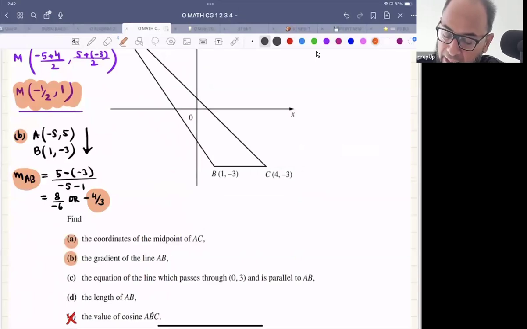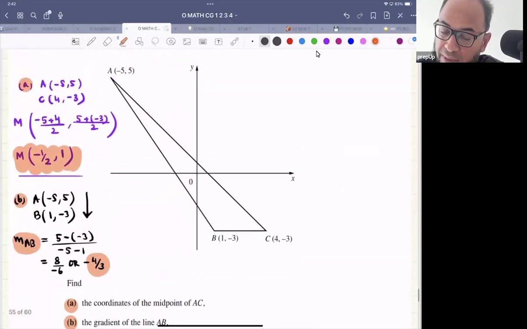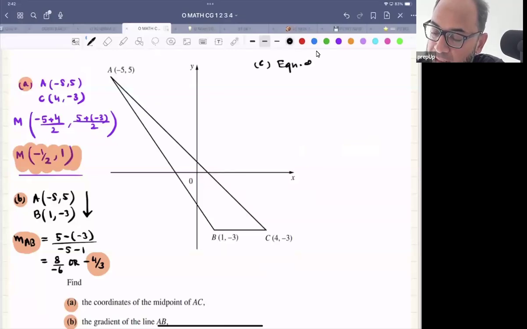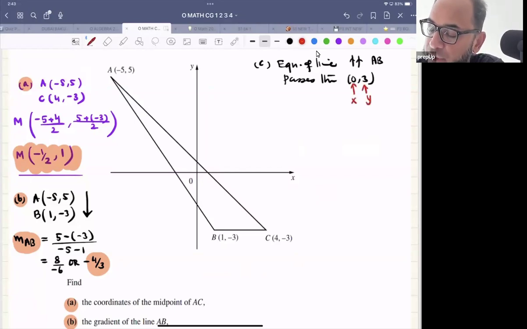Part C, the equation of line which passes through 0, 3 and is parallel to AB. So part C, equation of line which is parallel to AB and passes through 0, 3. That means when the x coordinate is 0, this value of y is actually the y-intercept.